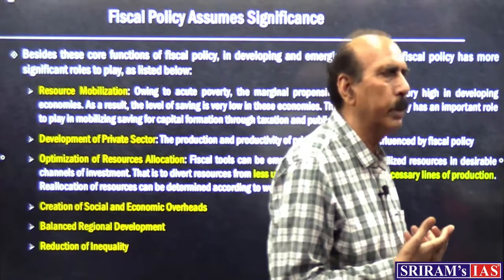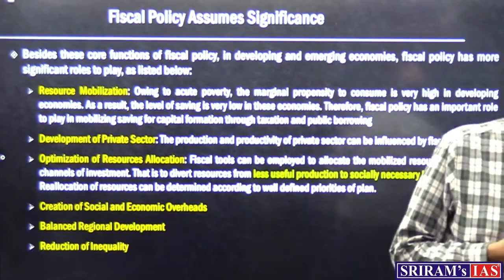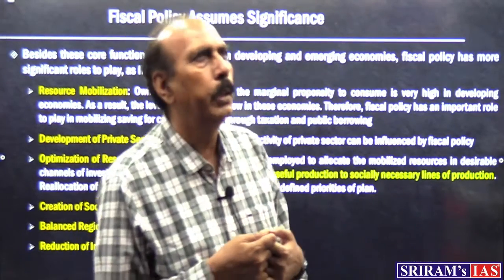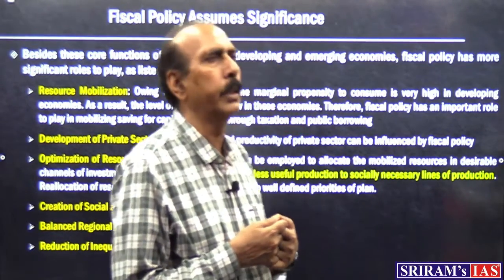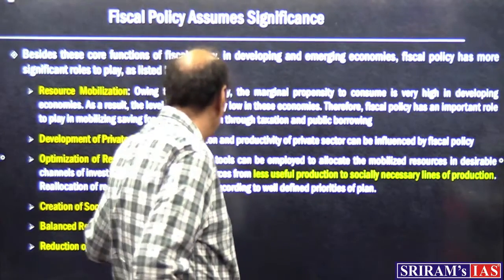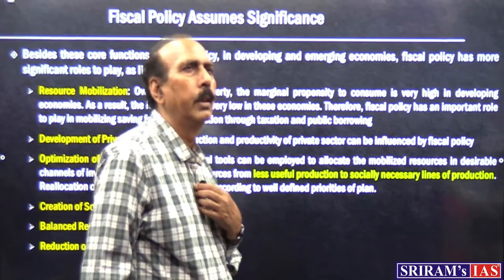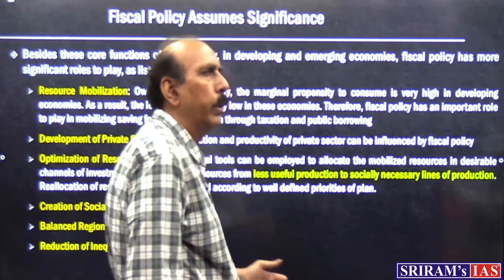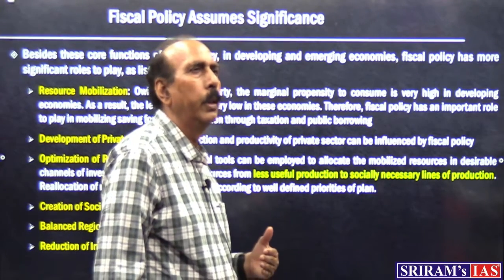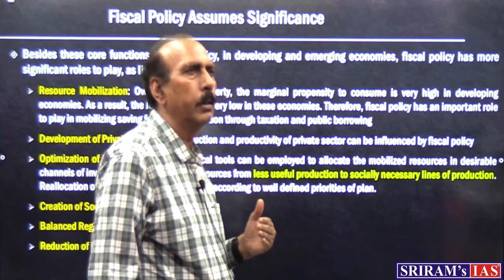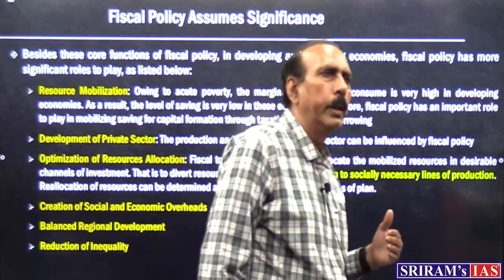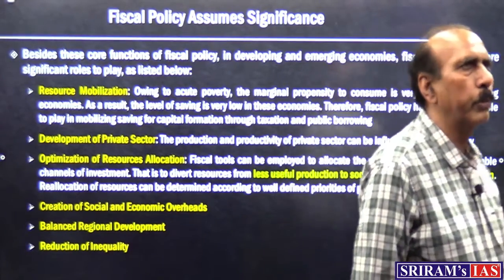Another aspect of the budget in a developing country is that they have to ensure that after the budget is presented, at least inequality in the distribution of income and wealth does not rise. Therefore they have to maintain the balanced regional development. They also have to ensure the equitable distribution of income and wealth.